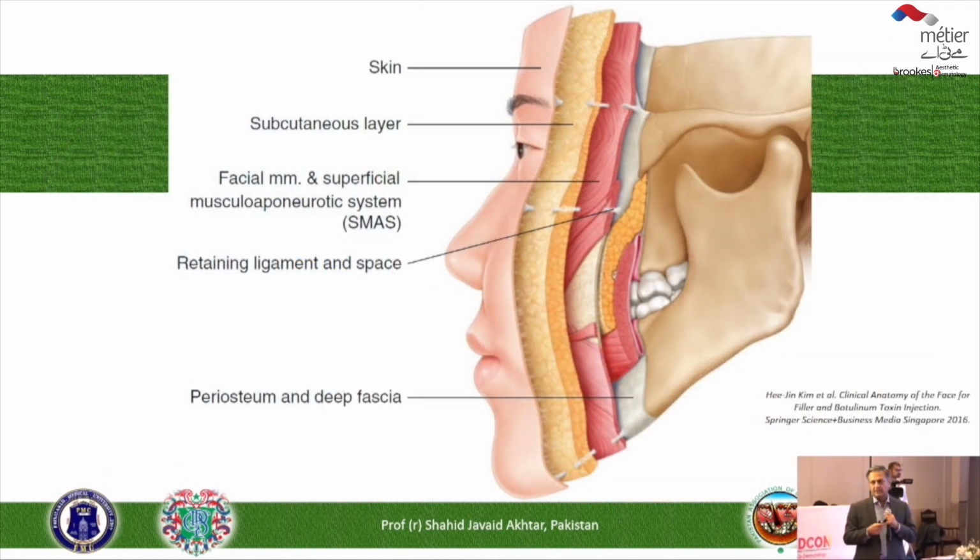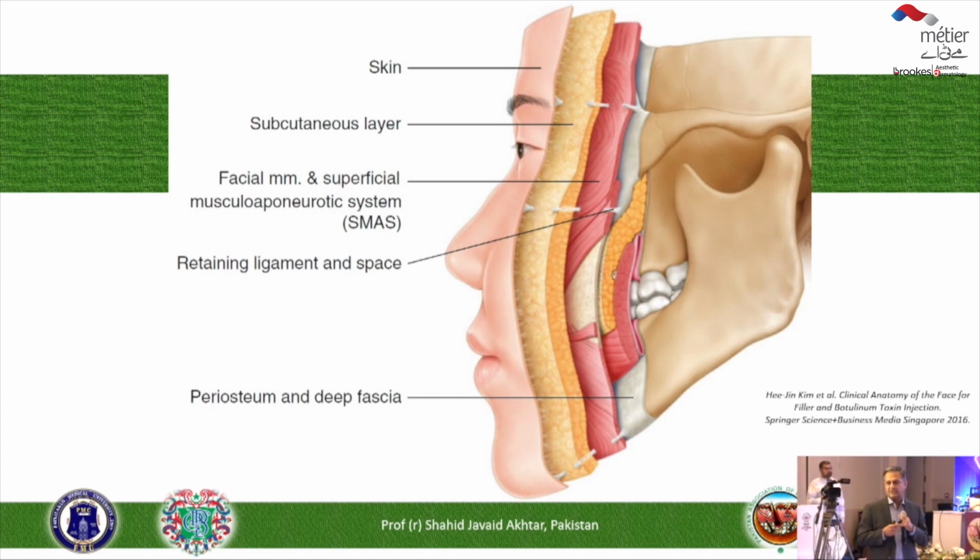The classical layer structure of the skin of the face is very important, since we target specific areas where changes occur with advancing years. Starting from superficial, it's the skin, then the subcutaneous tissue, then the SMAS, starting from platysma to the muscles of facial expression, then the frontalis, and deep to that, the deep fat pads and the periosteum.